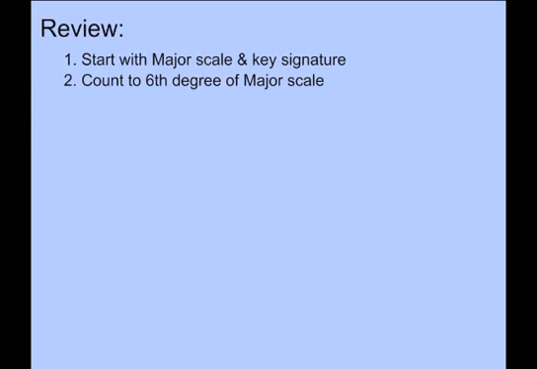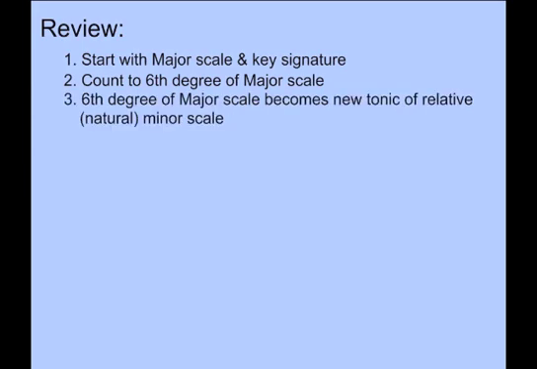Let's do some review. So we start with a major scale. We count up to the 6th degree of that major scale. That 6th degree of the major scale becomes the tonic of the relative minor.